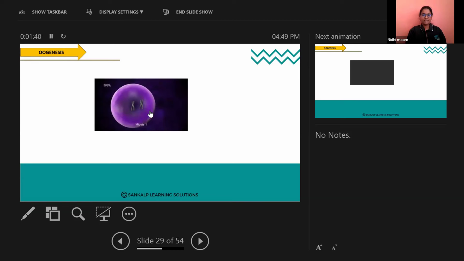Then this primary oocyte will undergo meiosis 1 and produce two cells. One is a haploid polar body, another one is the secondary oocyte. This one is the secondary oocyte, this is the first polar body. And again the secondary oocyte will undergo meiosis and form one ovum and the second polar body.